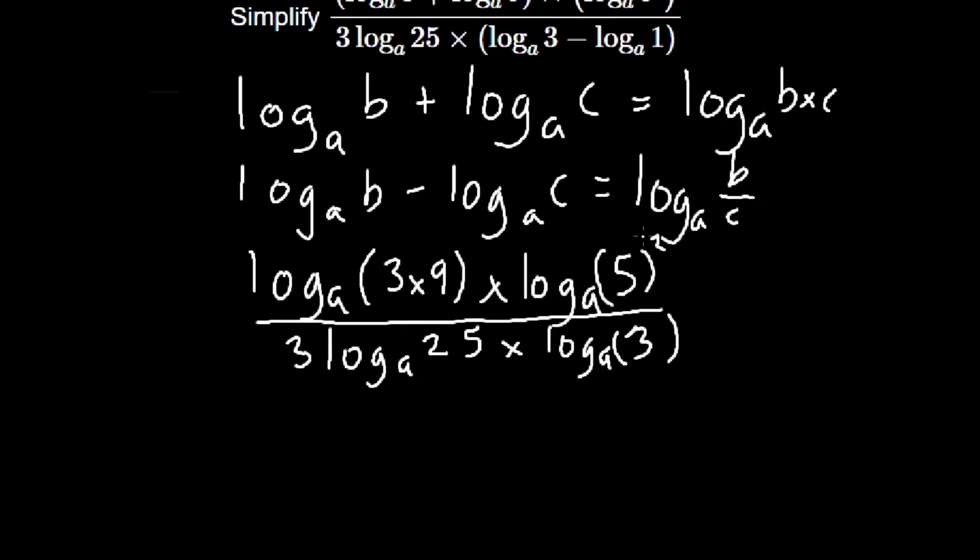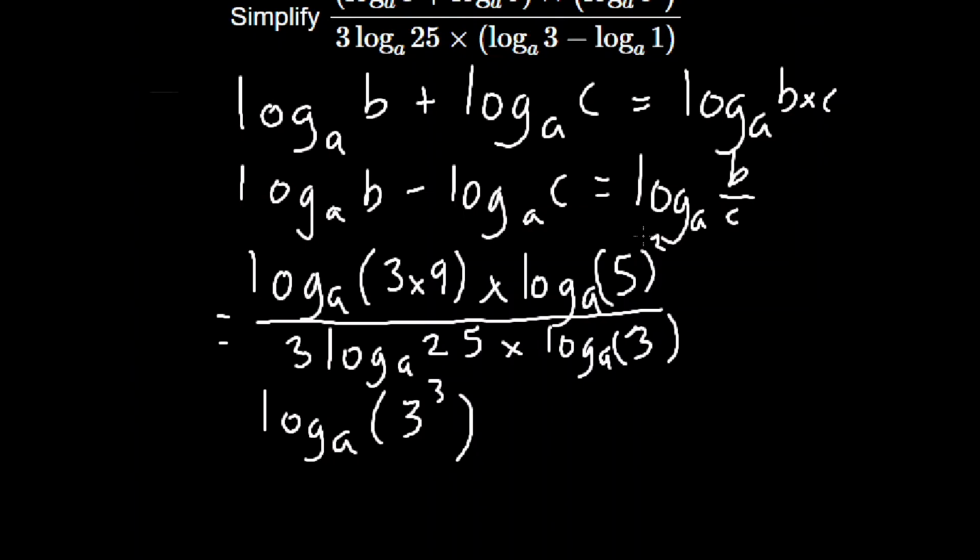The next bit is that we can have log a. I'll write it out, I'm going to move everything to make it easier. So log a, and then 27 here, I'm going to write as 3 to the power of 3, which I think might come in handy later.